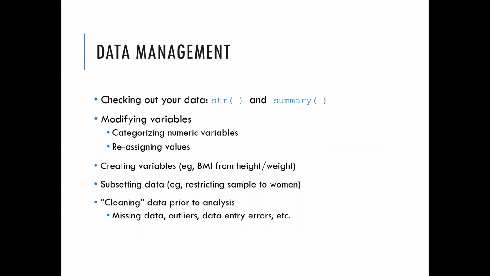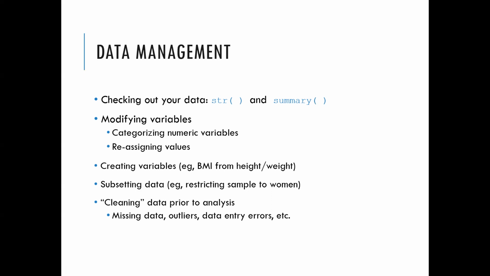So whenever we start to work with a data set, it's often very good to check it out, look at the structure and get a summary of your data. And you can do that using these functions in R here. Another thing that we might need to do when we receive a data set is to modify variables.